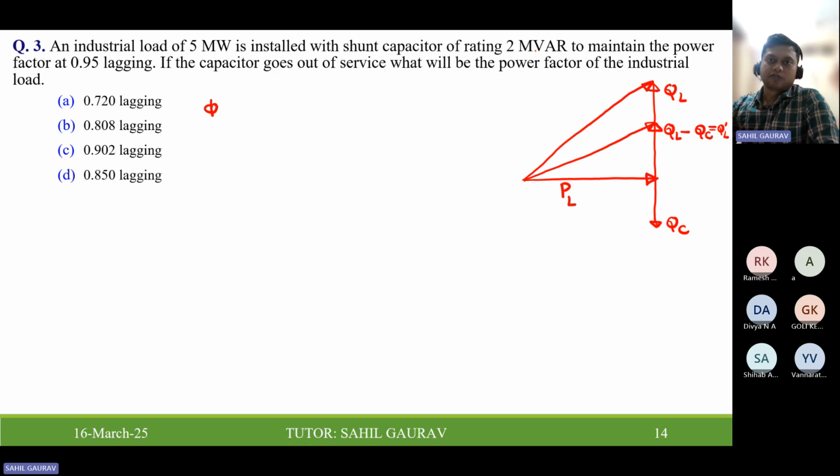The shunt capacitor is providing 2 MVAr, so QC is 2 MVAr. So QL dash equals QL minus 2, and PL is given as 5 megawatt.